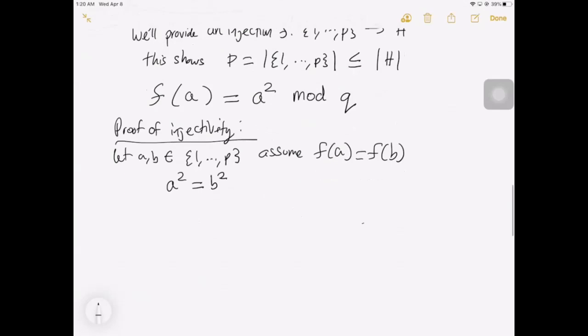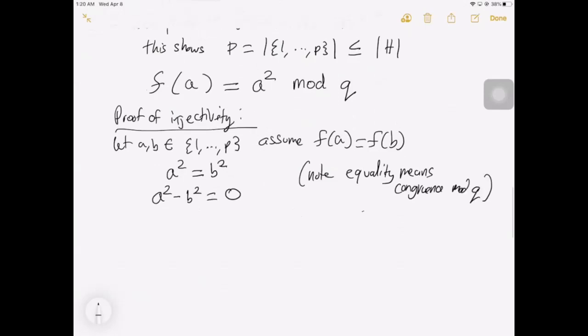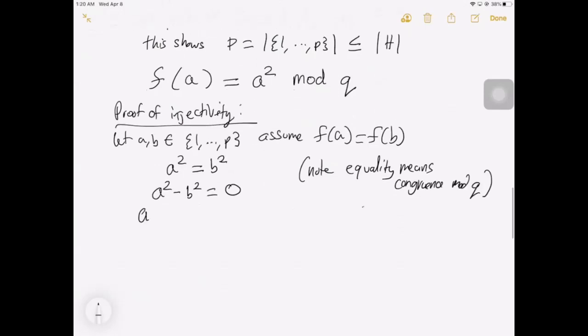So we can subtract and say A squared minus B squared is equal to 0. And note that equality means congruence mod Q.